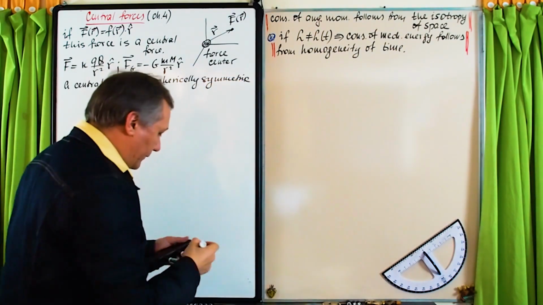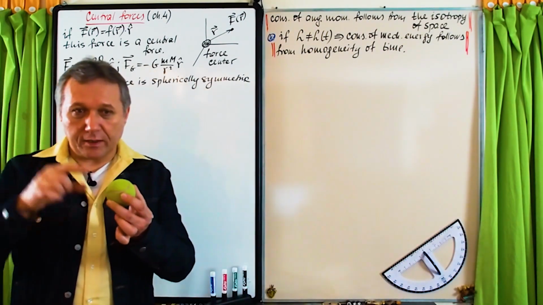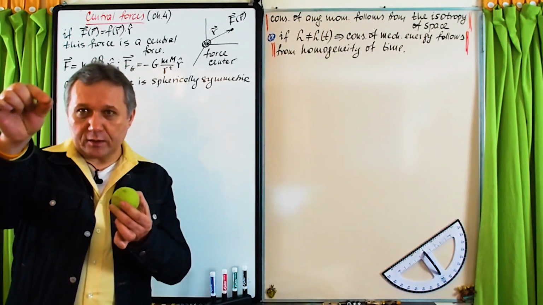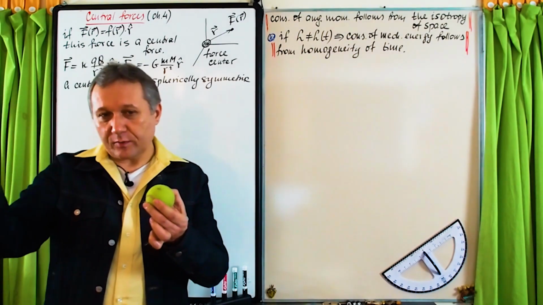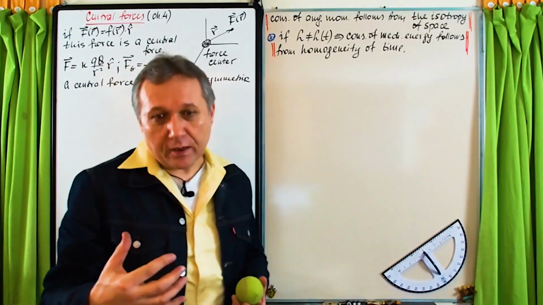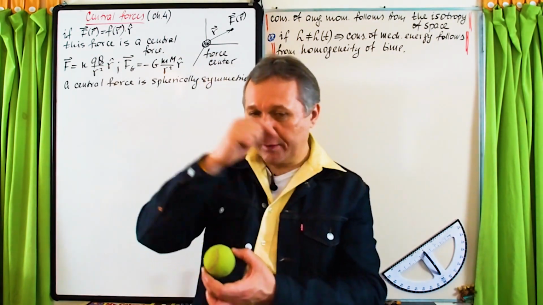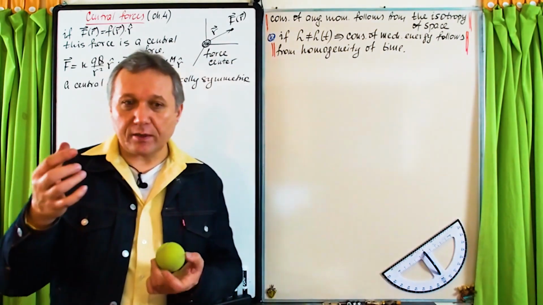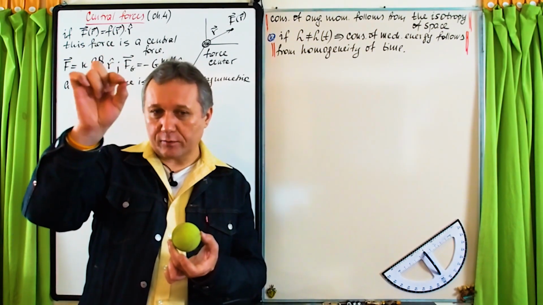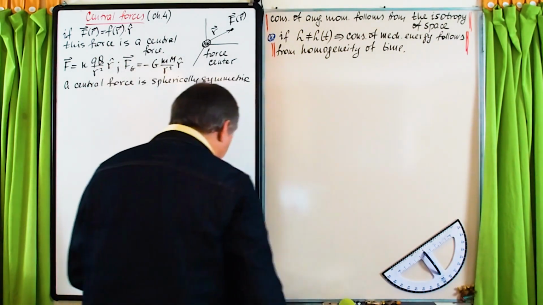If, for example, this is the force center, and you're interested in the force at this point, the value of the force at this point, or at this point, at the same distance from the force center, or at any point on the circle, if the magnitude of the force is exactly the same, we can say that this force is spherically symmetric, right? So it doesn't depend on the vector r. It depends only on the distance, the absolute value of r.